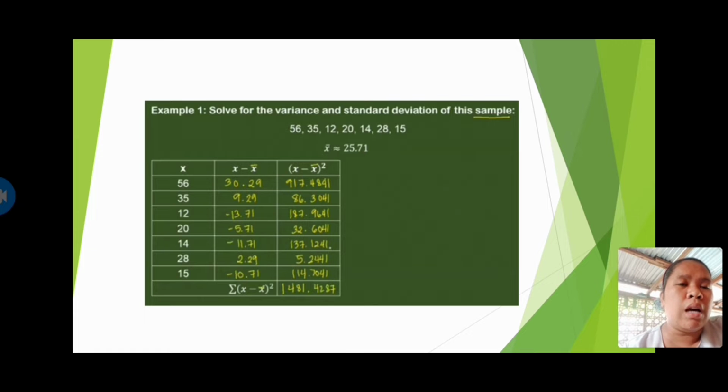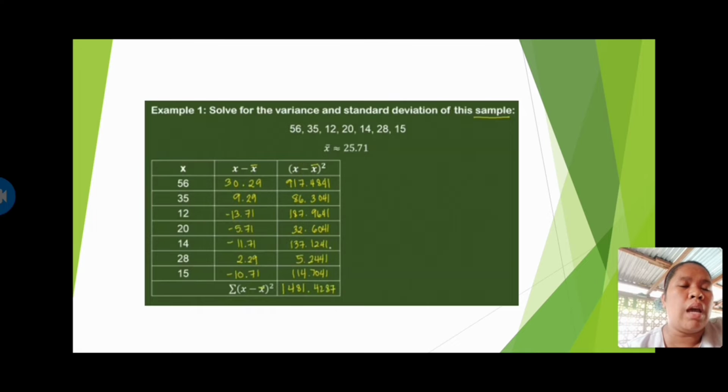To get the value of x minus x bar squared, simply multiply the value by itself. So 30.29 times 30.29 is equal to 917.4841. Next, 9.29 times 9.29 is equal to 86.3041.